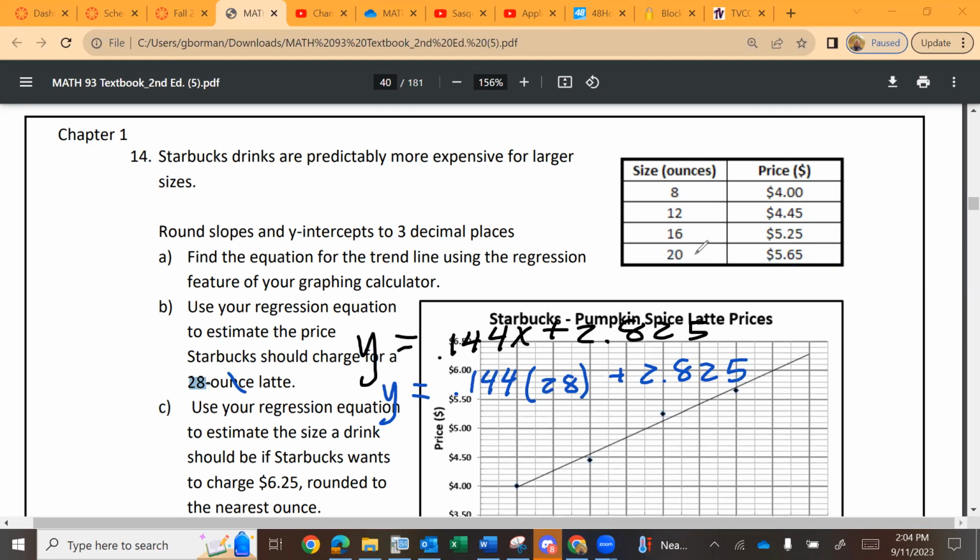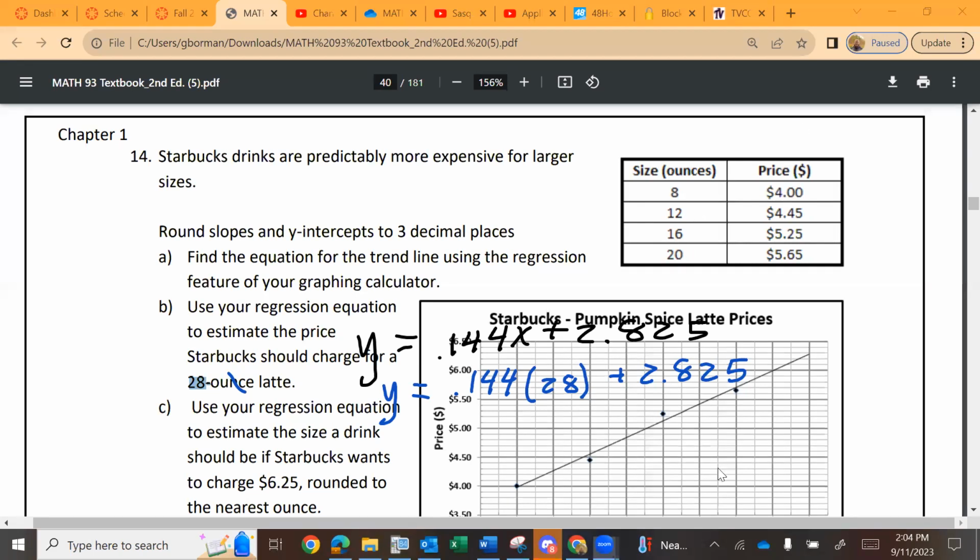It looks like we're going up by about 45 cents every 4 ounces. So if we're going to go up 8 ounces, I would expect to go up 45 cents twice, approximately. So, a little over 6.50.